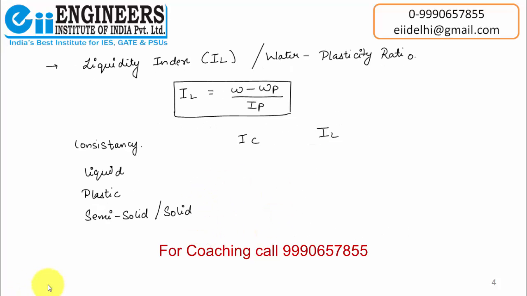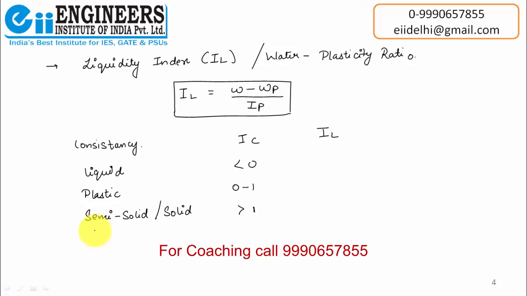So if I write it down here, if IC is less than 0, then it behaves as liquid. If IC is between 0 to 1, it behaves as plastic, and if it is greater than 1, it behaves as semi-solid or solid.